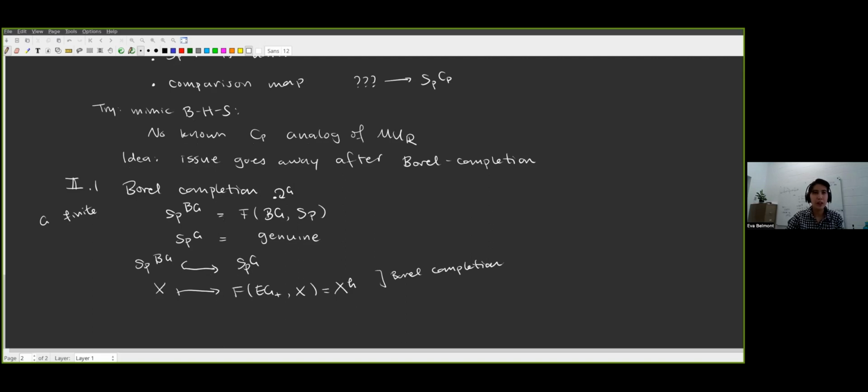So I can think of them as the quote unquote complete objects in the genuine category. A very explicit way to think about this as completion is if G is C_p, then this is literally the completion with respect to a, where a is the inclusion of the fixed points into the reduced regular representation.